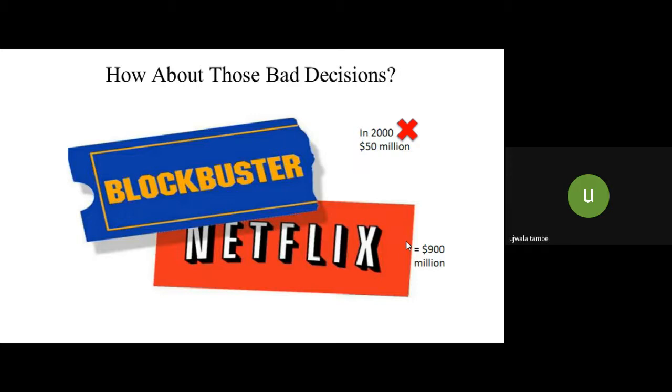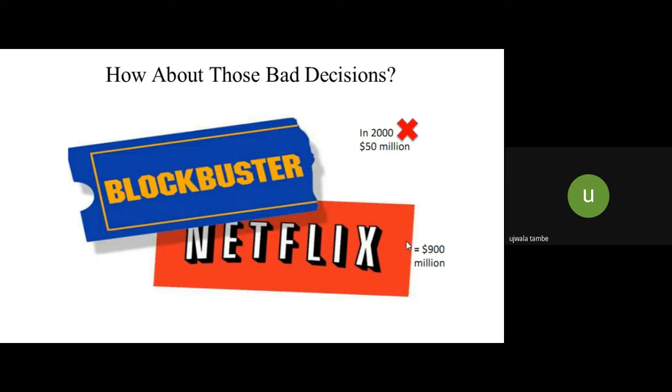Then the next one is that Netflix invested in a warehousing and distribution model so that late fees were not required in the case of Netflix. The next mistake by Blockbuster is that ignoring the disruption doesn't make it go away.